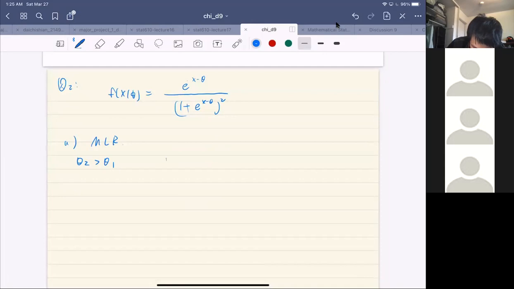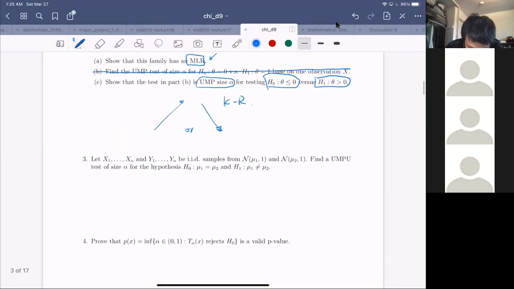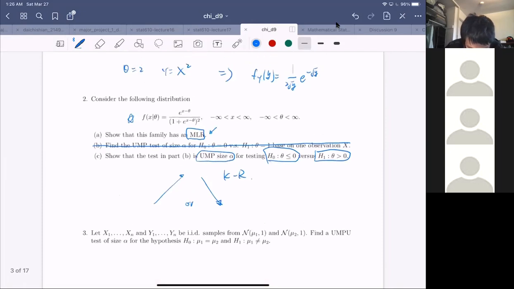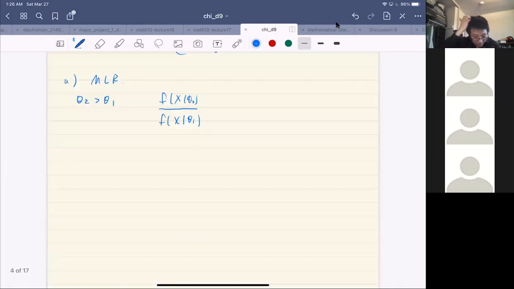How many data do we have? Only one sample. So just like this. Is this monotone, increasing or decreasing?